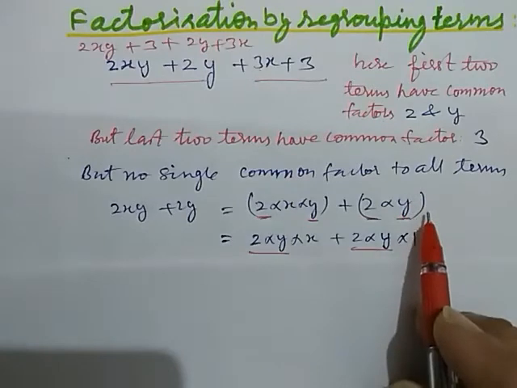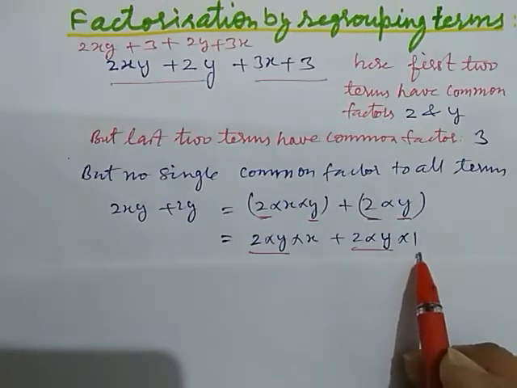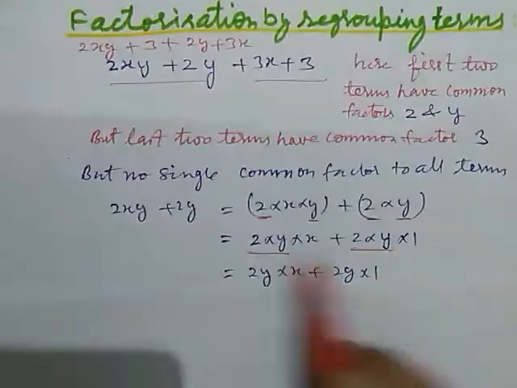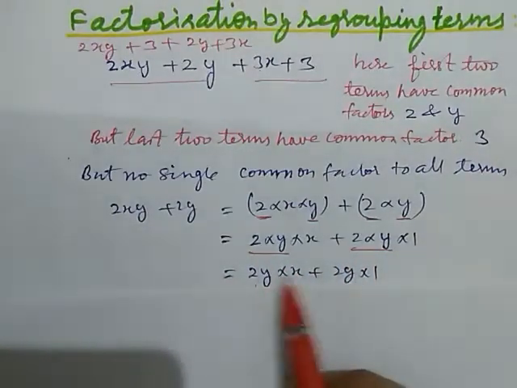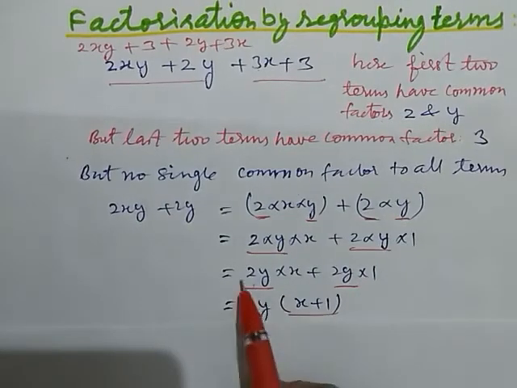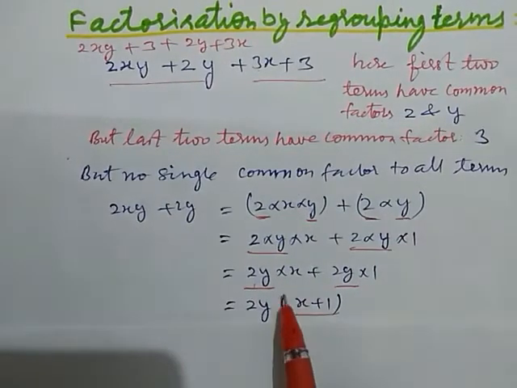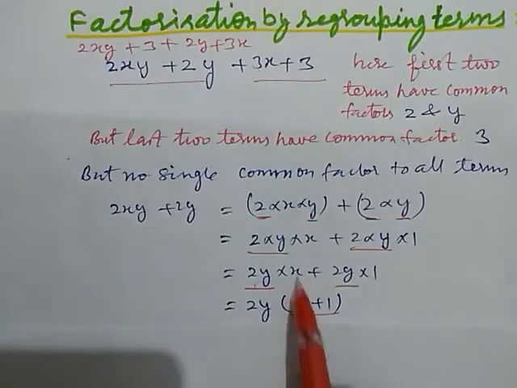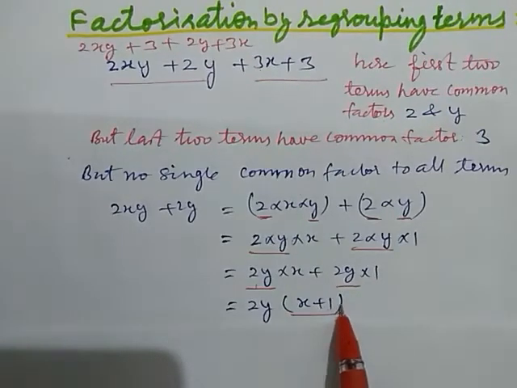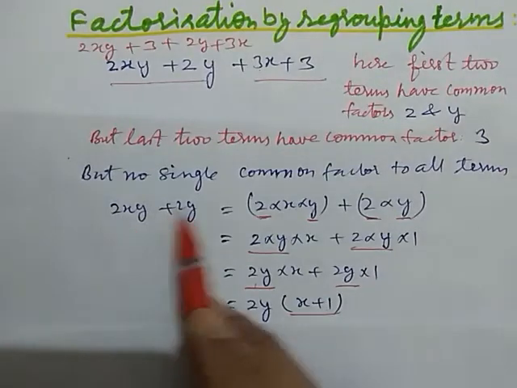We can write 1 in any term. By this way we can see 2y is common in both terms. So we take common 2y and write it as 2y into x plus 1. By taking 2y common, here x is left and here 1 is left. So 2y into x plus 1 is the factor of these two terms.